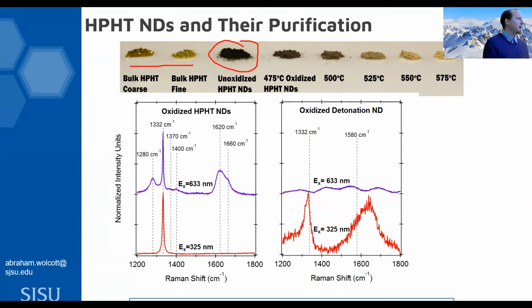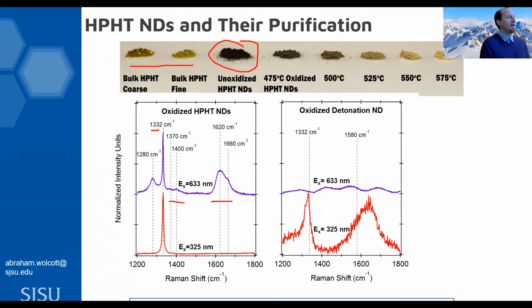On the left-hand side, you can see that we've got two different Raman spectra. They're dominated by the breathing mode of the diamond at 1332. You'll notice that this spectrum was done at 633 nanometers and has additional features besides the bulk phonon mode. But if we were to take that and blue shift it to 325, these additional features in this area and this area drop away.